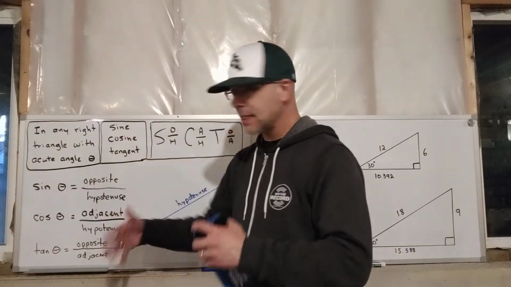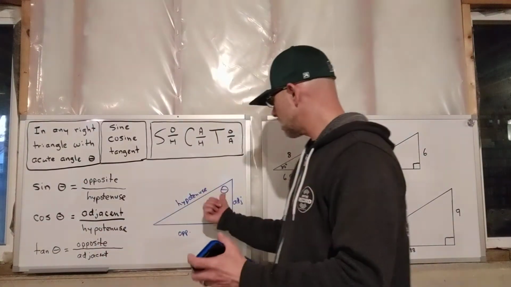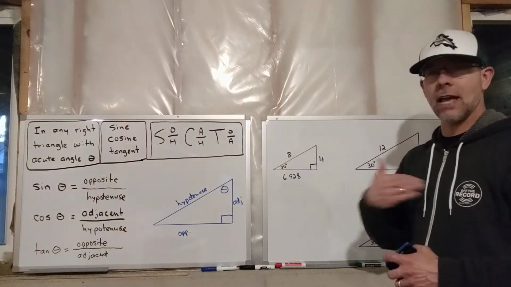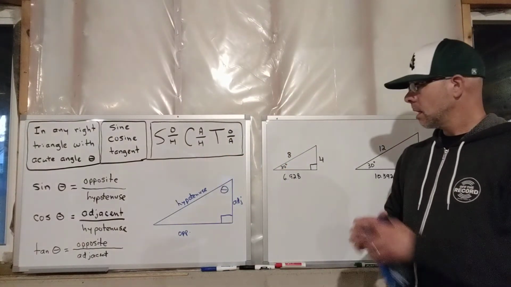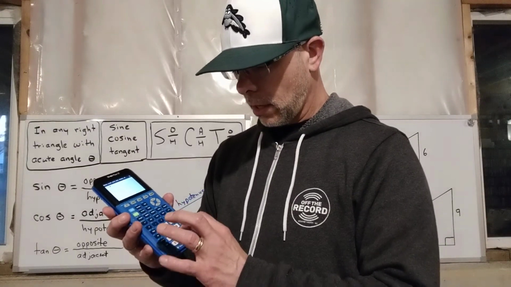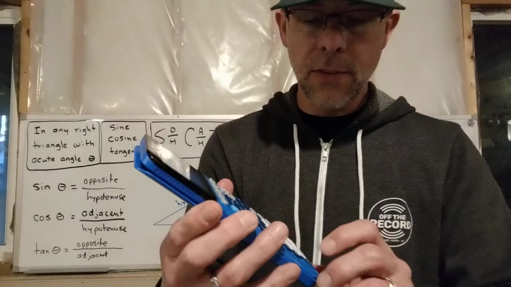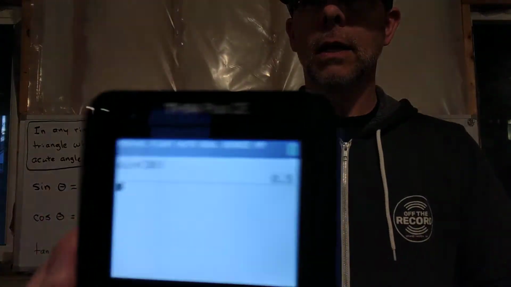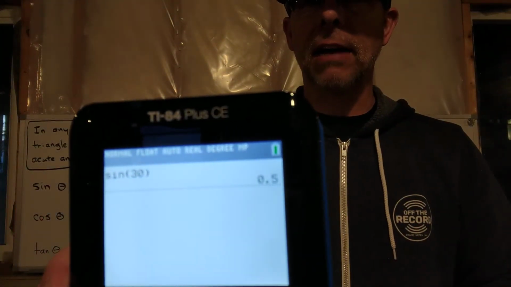Instead of saying sine theta, theta is the angle. I actually know this angle's 30. I measured it myself. If I were to take out a calculator and do sine 30 degrees, like that. If you hit enter, it comes out 0.5.